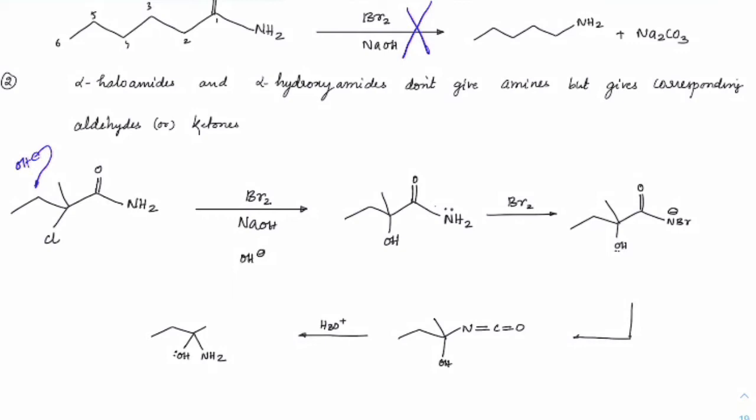At the same time, this might even go further to form that isocyanate, because this NH2 will have OH minus react with this H plus, and it will again react with this bromine. So I'm directly writing the product here. So you might get this.